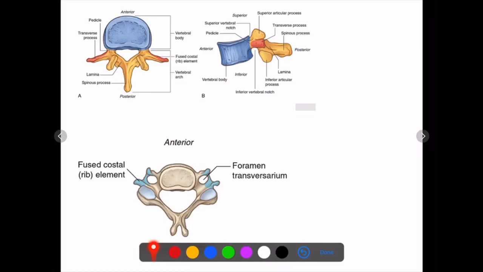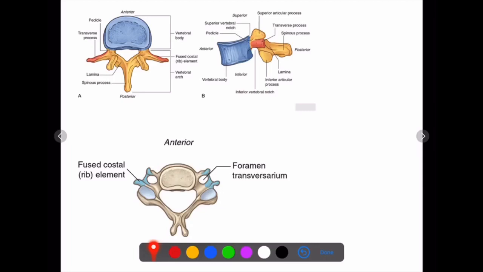These pictures are of the vertebra, one of them for the cervical vertebra and the other for the lumbar vertebra. The third picture is a lateral view of a vertebra.